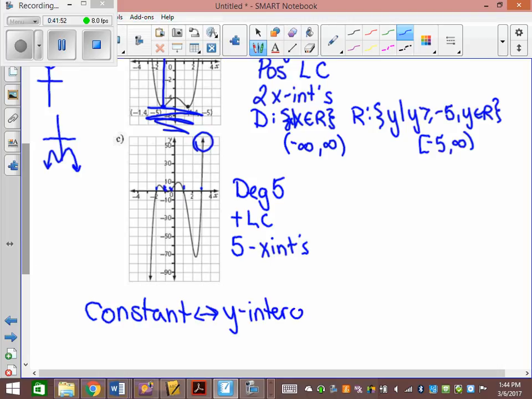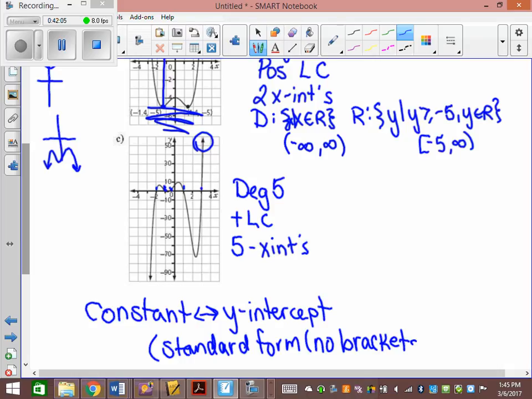Double-headed arrow. And this is in standard form. If there's a bracket in the equation, this goes right out the window. If there's a bracket in the equation, the constant isn't the y-intercept. And this would be x ∈ ℝ, y ∈ ℝ.